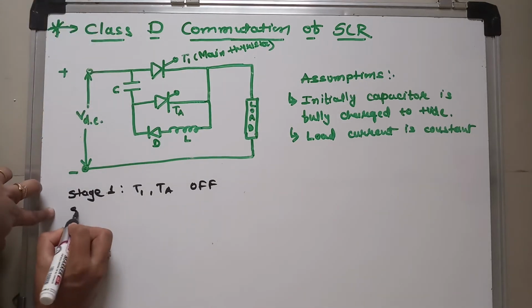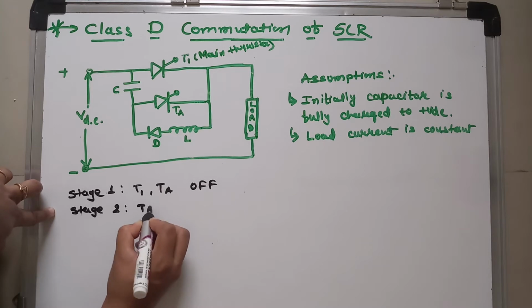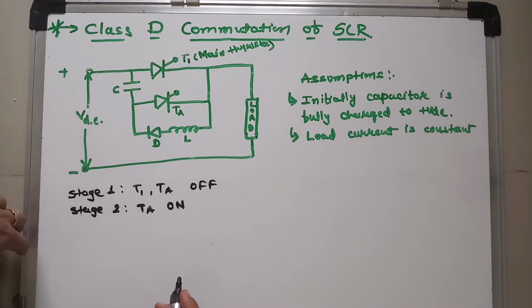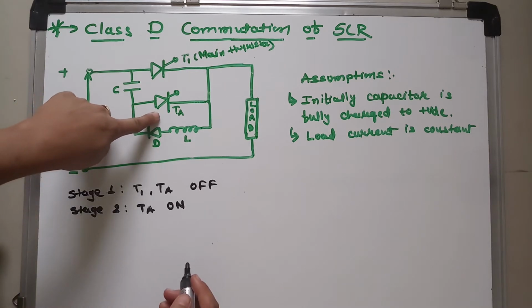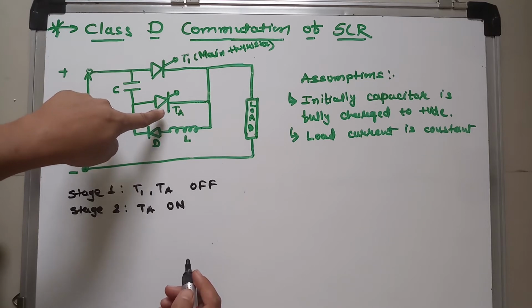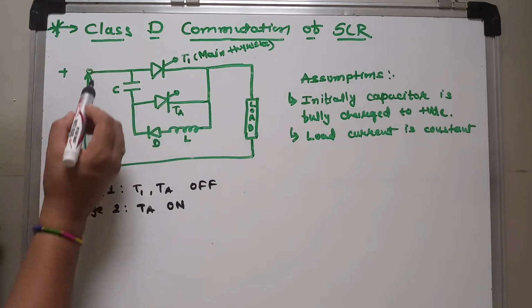Then in stage number 2, TA is turned on by applying a gate pulse. If the auxiliary thyristor is on, it acts as a short circuit and current will flow.